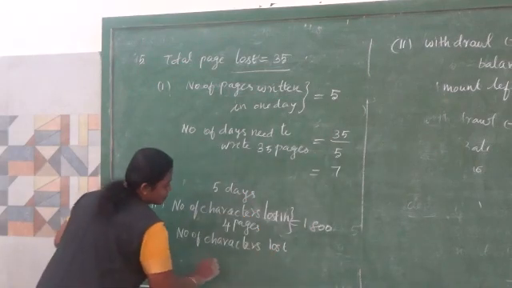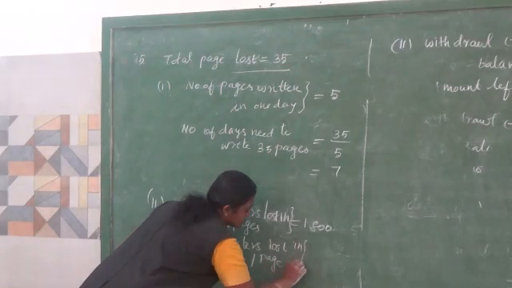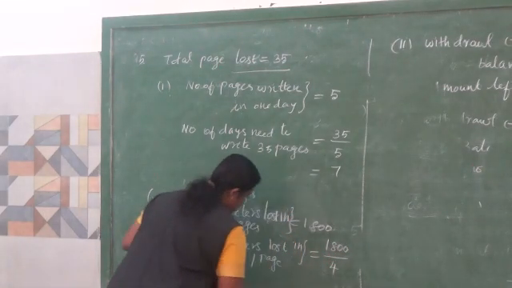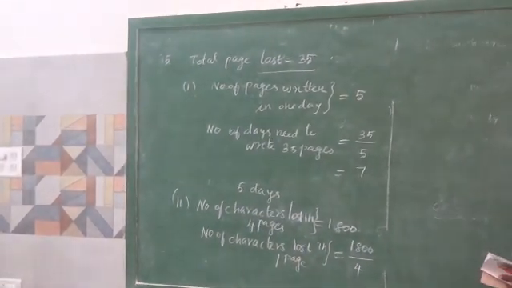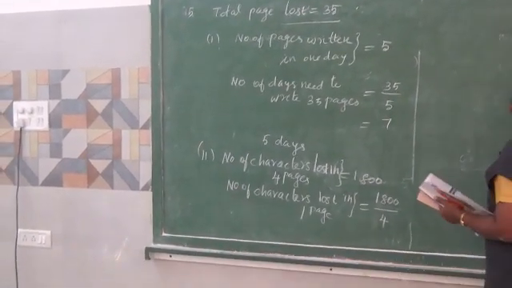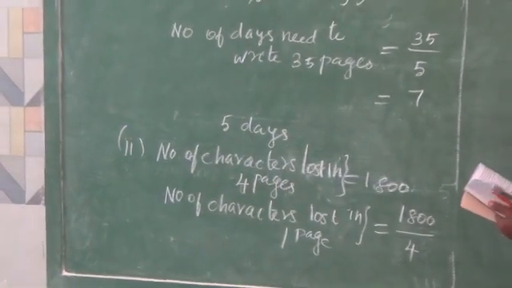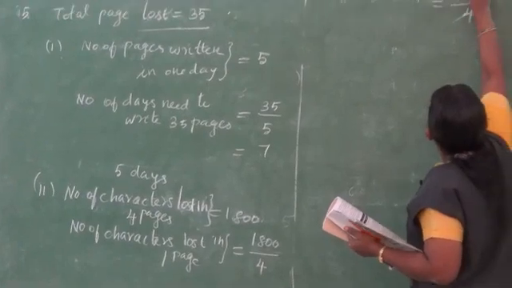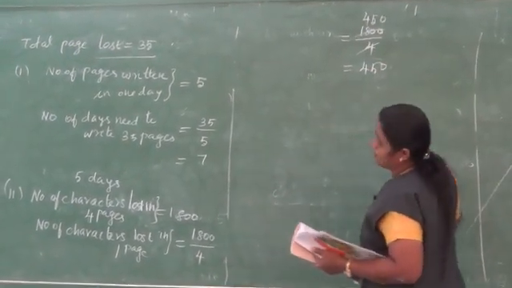So the number of characters lost in 1 page is equal to 1800 divided by 4. If you are finding the answer, 1800 by 4, 4 4s are 16, then 2, 25. So 450 characters for 1 page.